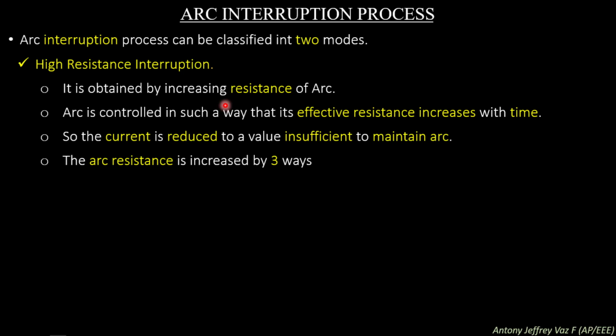This can be done in three ways: lengthening of arc, splitting of arc, and cooling of arc. These three processes are used in high resistance interruption to increase the resistance of the medium in such a way that the current is reduced and the arc vanishes, or is extinguished.